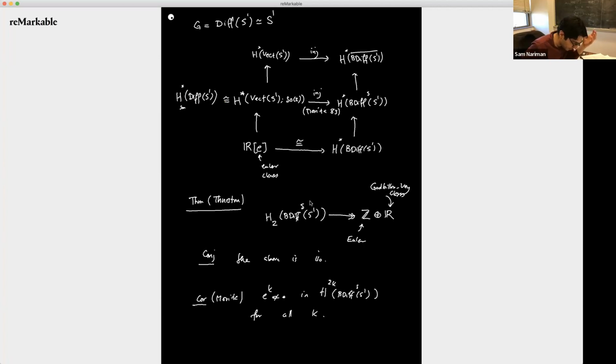This is very special to Diff of S1, because normally for diffeomorphism groups there's no maximal compact like in finite dimensional Lie groups, in the sense that G mod the maximal compact is contractible, but this is the case for Diff of S1, and you can run the same argument to get Van Est type for Diff of S1.